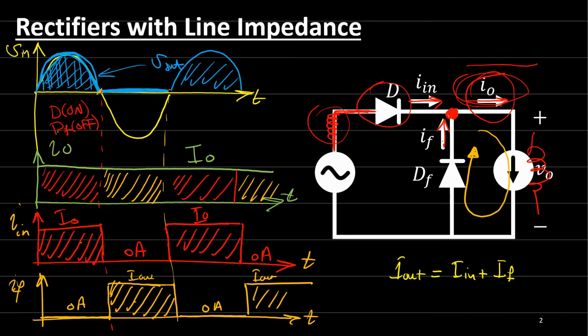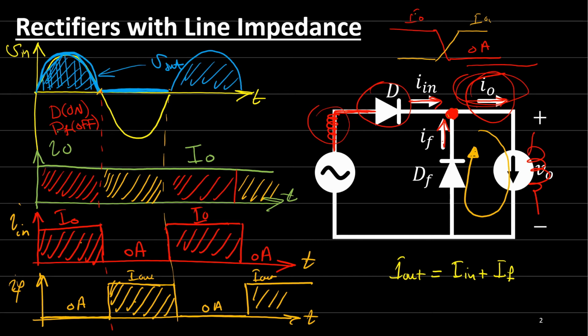As a result, here if we said that this is the input current goes to 0, and the freewheeling diode current jumps to the I output current. Okay, and this is I out. One of them comes to 0, and the other one jumps to the maximum load current.